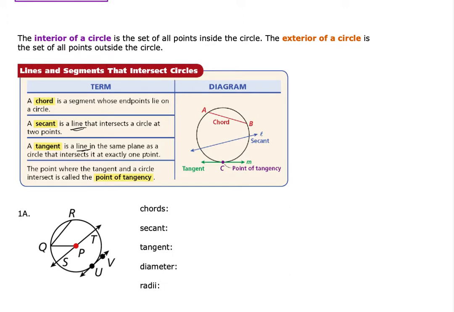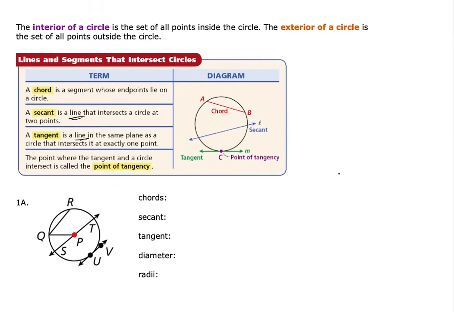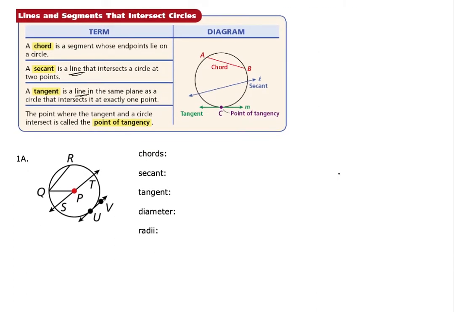So I like to think of tangents as just touching the circle, and secants, I think of going through twice. I think of the word second, like second place or whatever. And then the point where the tangent and a circle intersect is called the point of tangency, which makes sense. So let's see if we can go ahead and identify chords, secants, tangents, diameter, radius, radii.